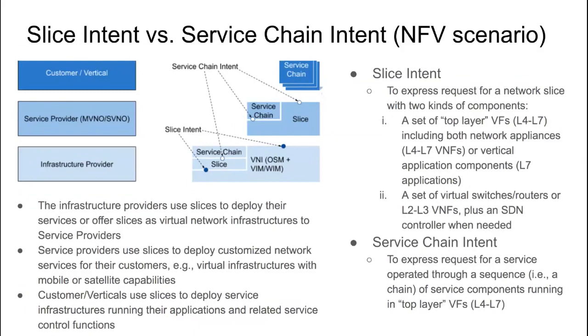Correspondingly, and here we come to our multi-level intent-based network approach, we have two different intent concepts, one at the slice level and the other one at the service chain level.